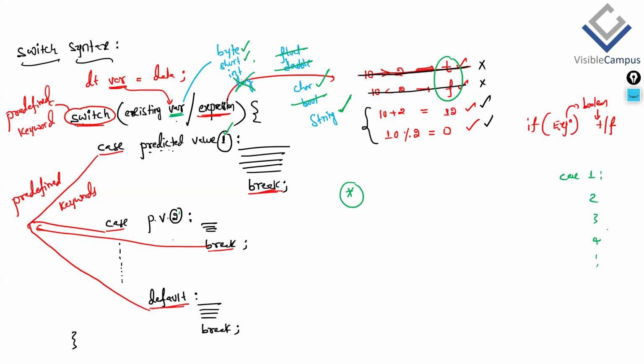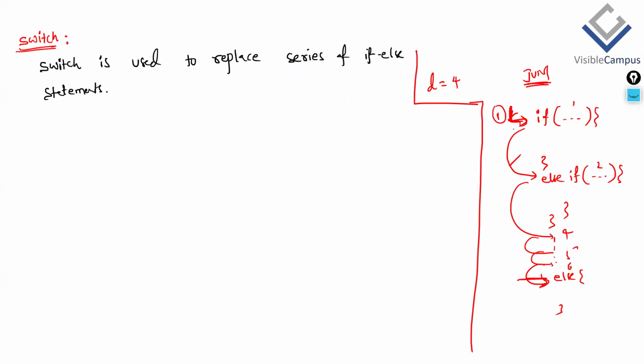My question is, instead of writing 1, 2, 3, 4, can we write case 3 first, then case 1 second, case 2, then case 4, then default? Can we change the order? Must it be in order, or can we write in jumbled order? Yes, the order is not required. Okay. My conclusion is: when I introduced switch, what was the point I said?